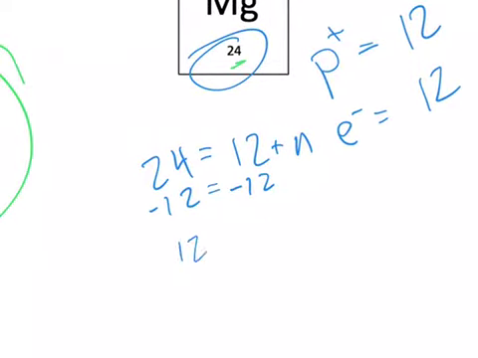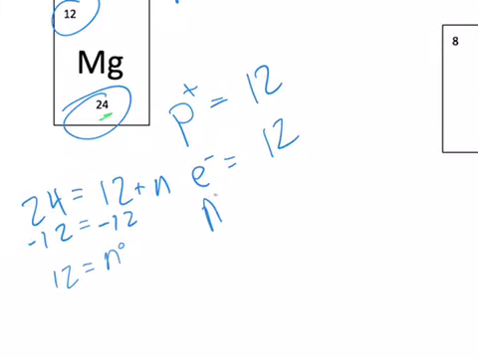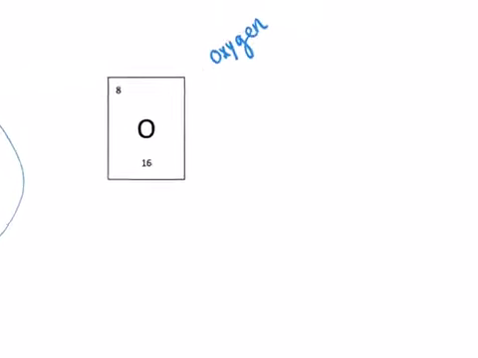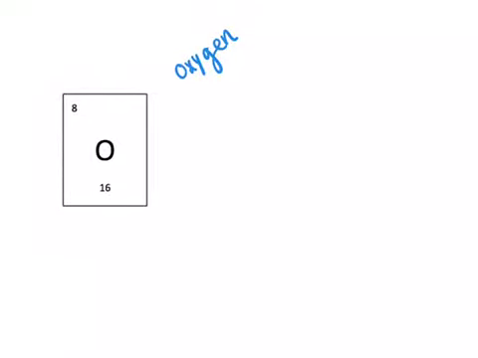We get 12 equals the number of neutrons. The last one is oxygen, also pretty small. Protons is 8.